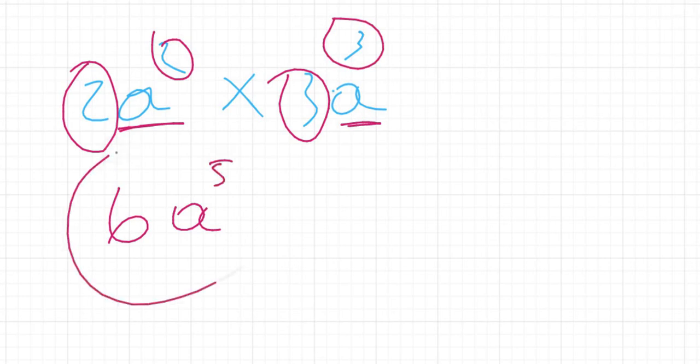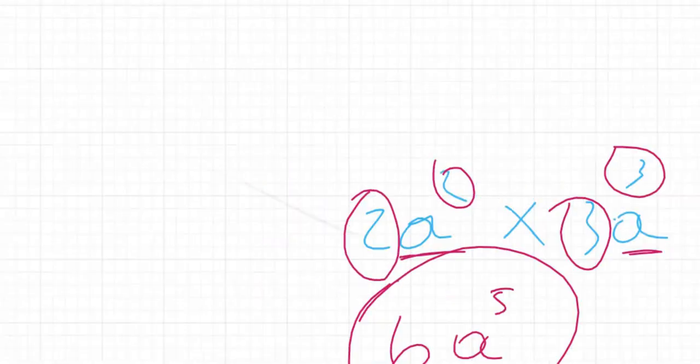So this gives us 6 times a raised to the 5th power. If we expand this term, we'll end up with the same thing, so to save time, let's not do that.